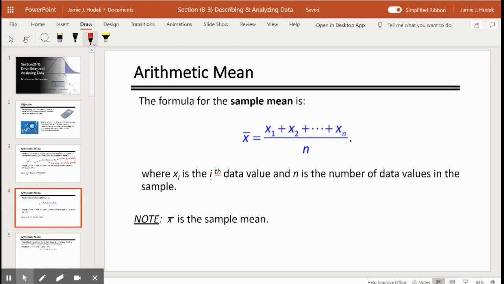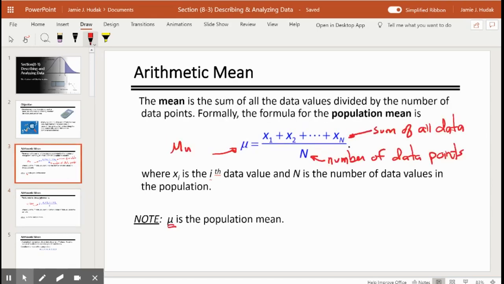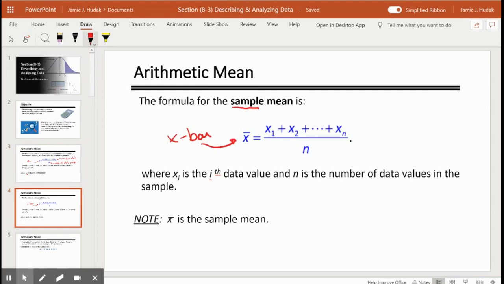We see that the arithmetic mean has another way to be represented, and this is when we're talking about sample data. That means the data does not represent the entire population, and we call this x bar. So x bar is equal to the sum of all data points divided by the number of data points. So we see that really it is exactly the same thing. Both the population mean and the sample mean are taking the data points you have, adding them up, and dividing by the number of data points.